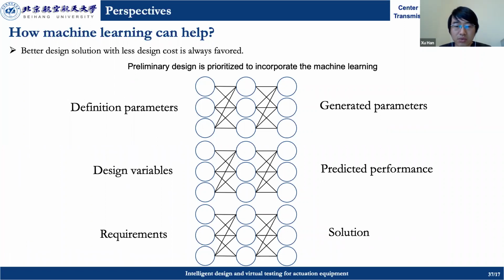Of course, this is very challenging because designing an actuator is not like playing a board game, like chess, or classifying images. But at least we can use this method to design some components at first. So it is still worth a try.